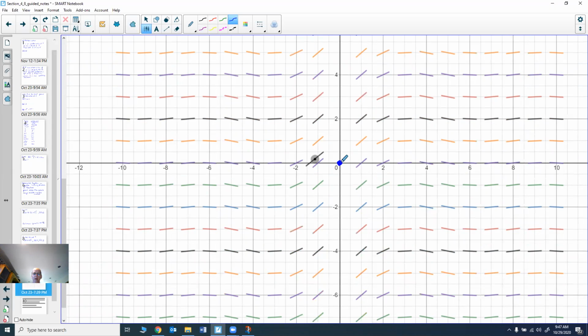And then what we're going to do is draw from this point, following these tangent lines. So think of it, you're coming up and meeting up with that tangent line. Then you notice this one turns, and then it flattens out a little bit. Then it goes down a little bit more, and it flattens out, and it goes up and down a little bit at this point.